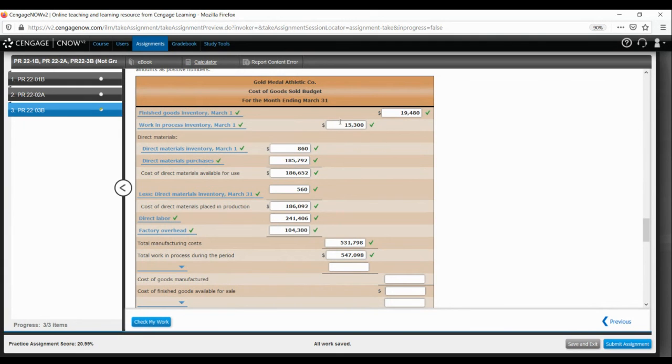Again, that was the 15,300 that you had from costs from last period that were brought forward to the beginning of this period, and those that you worked on this period together, all of them were 547,098.